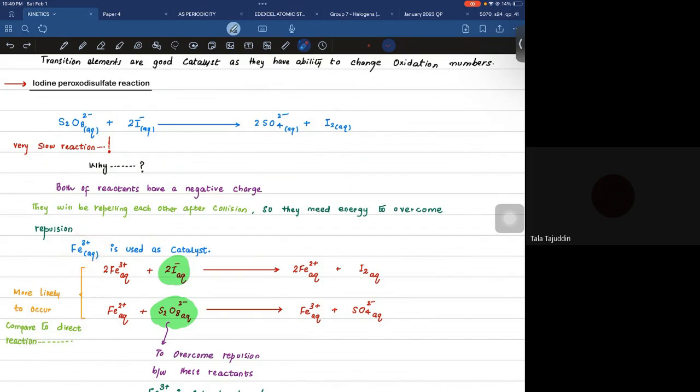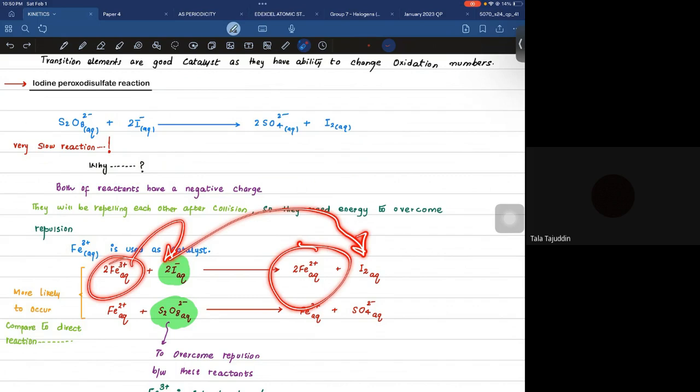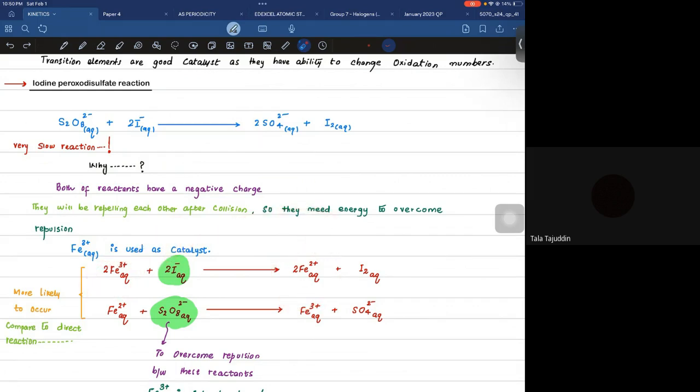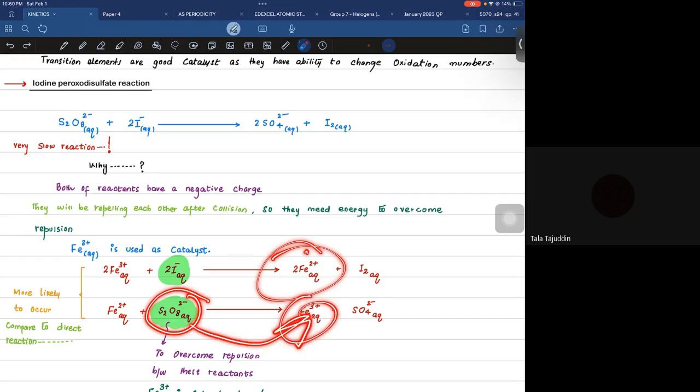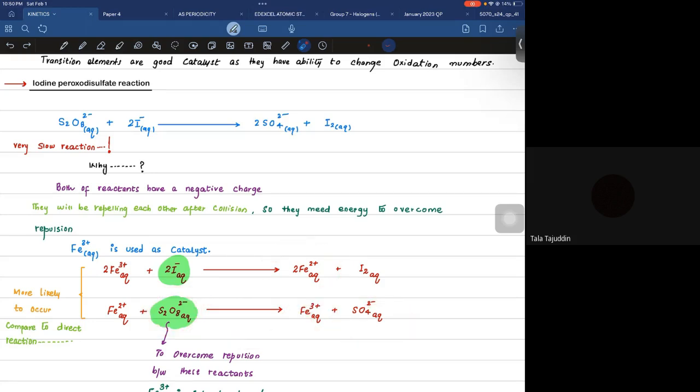Okay. So when you add iron 3 in this, basically iron 3 would be converting this iodide ion to I2, and itself it would be reduced. Then in the second step, the iron 2 that is formed would be reacting with this and converting into iron 3 and then SO4 2 minus. So you have used iron 3 that was a catalyst, it's regenerated again and it forms a product.